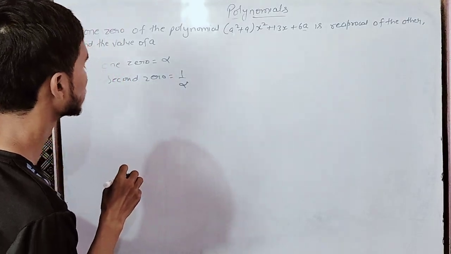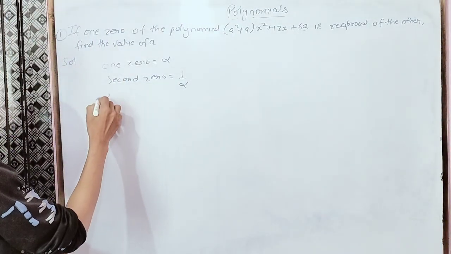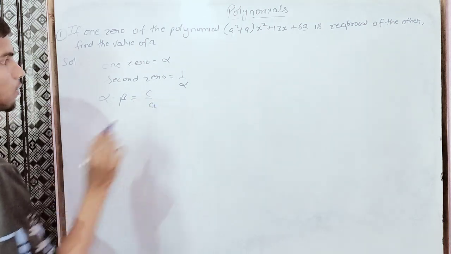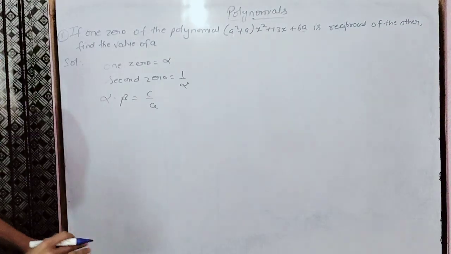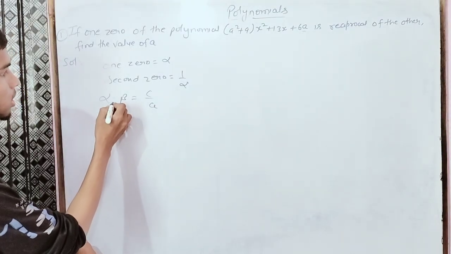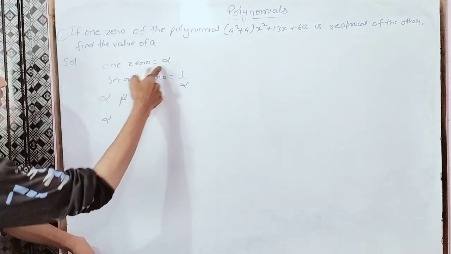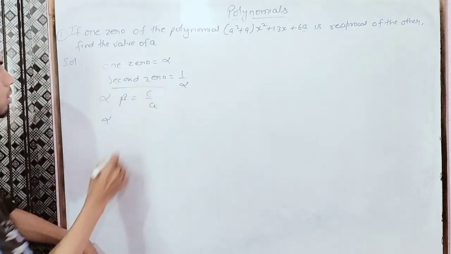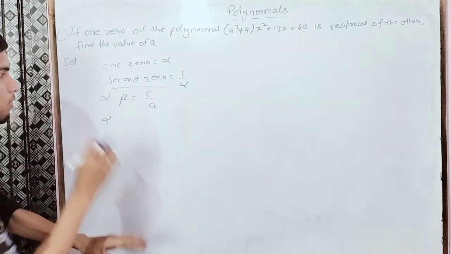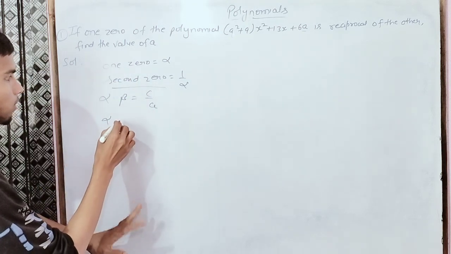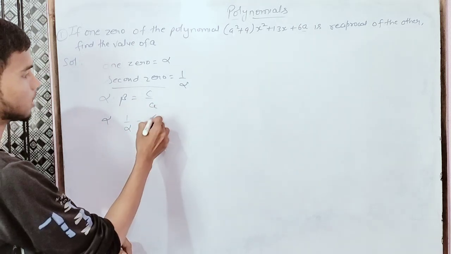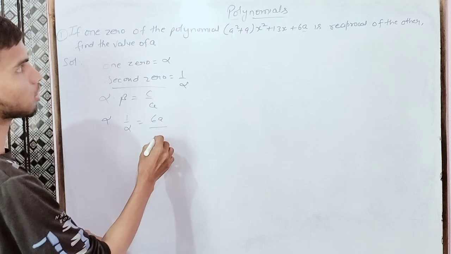Here, can we say alpha into beta is c upon a. We will substitute the values of the variables. So alpha is the first zero, and beta is the second zero, and in place of beta it is 1 upon alpha. Okay, 1 upon alpha, and c is how much? 6a, and a is how much?